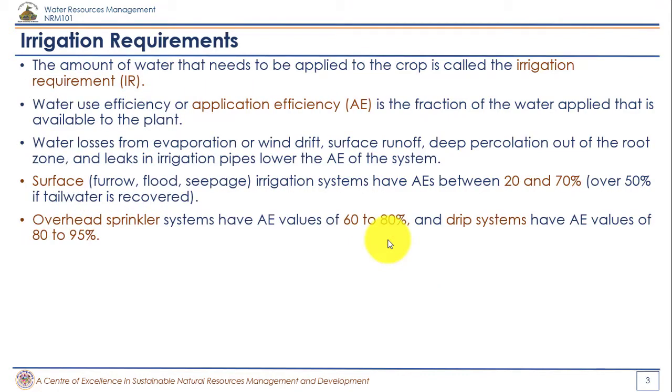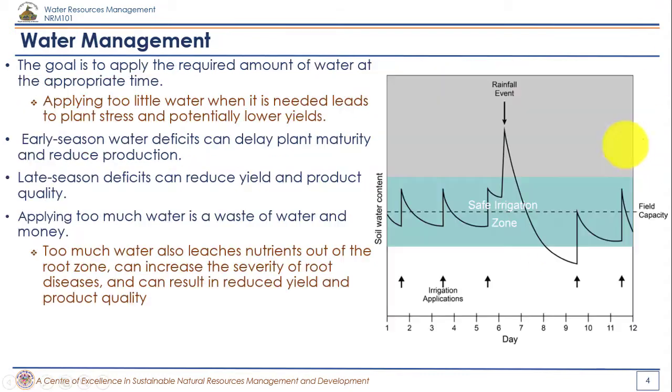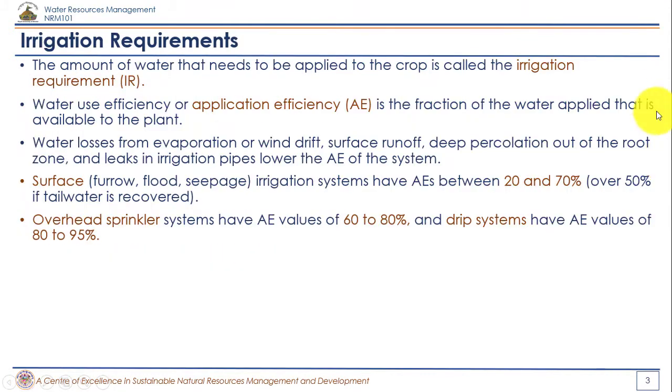When we're talking about irrigation, there are a few terminologies that we need to look at, but from those, there are 2 main terminologies that we need to take care of. The first one is irrigation requirement. So irrigation requirement is basically the broad amount of water required for us to apply to the crop.